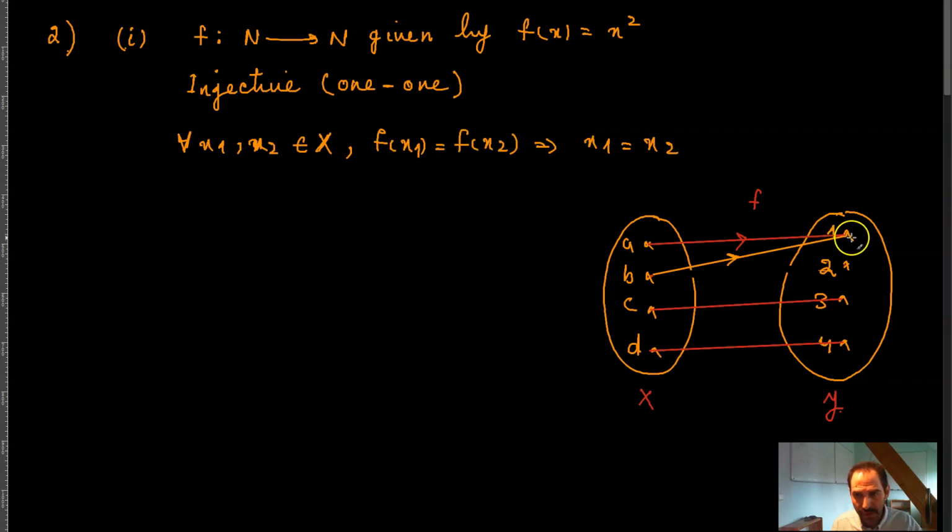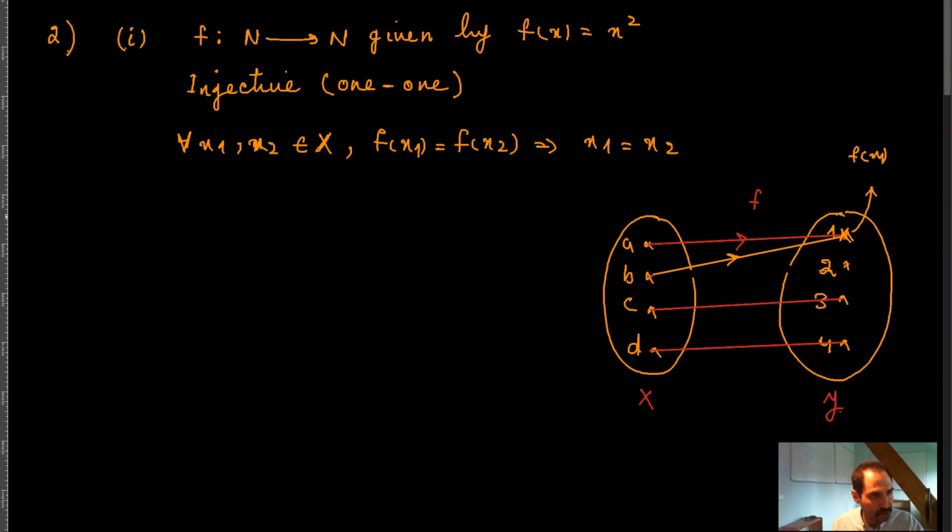So what we are saying is that if f of x1 is equal to f of x2, then x1 is equal to x2. If you imagine there are two x's, x1 and x2, and the images of those two x's are exactly the same, then those two x's must be the same, so you're just talking about one of these lines, not two lines going to the same element here, right?